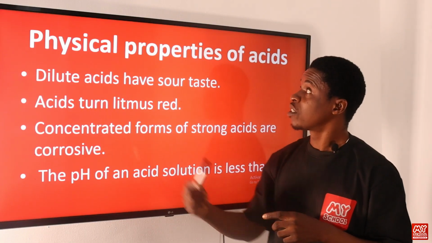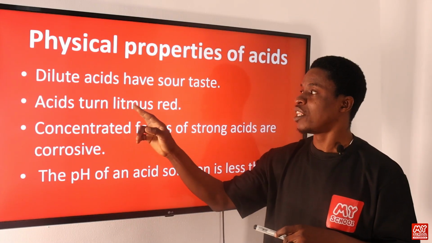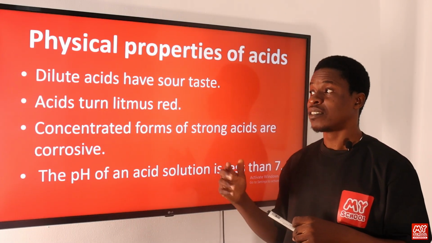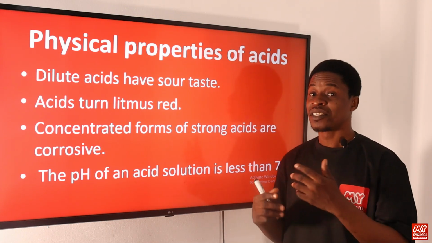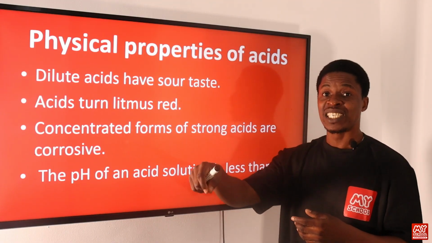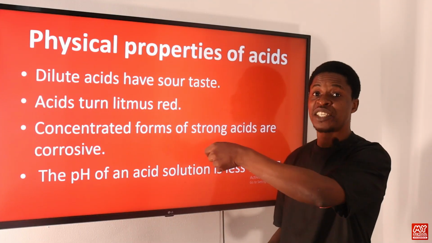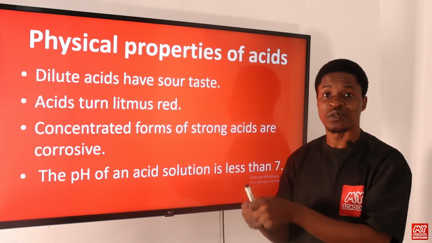The second physical property of an acid is what? Acids turn litmus red. Some textbooks will tell you acid turns blue litmus red. But whether it is red litmus or blue litmus you are using, the color must be red. So if you dip a blue litmus into an acidic solution, the blue litmus paper will change to red color.